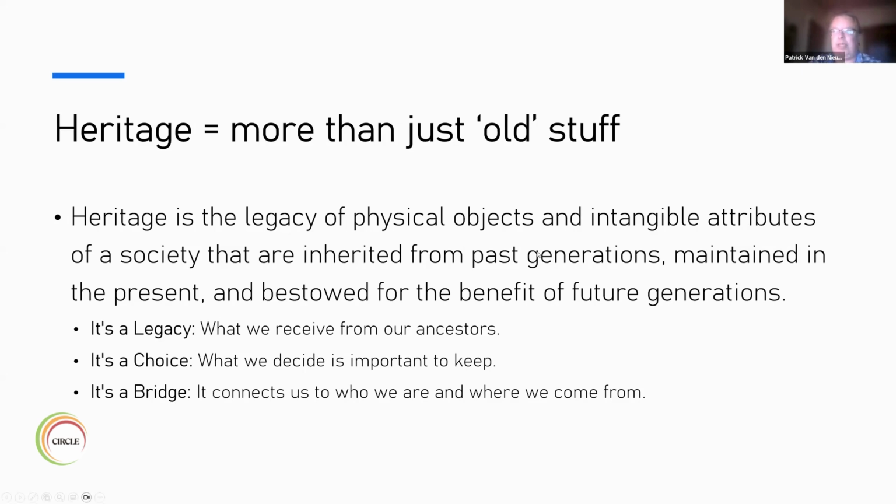And that's also in the definition that we get objects from past generations, we keep it today, we maintain them today, and we give it to our future generations because we think it's important. So we are more choosing and bridging what is coming from the past to the present to the future.